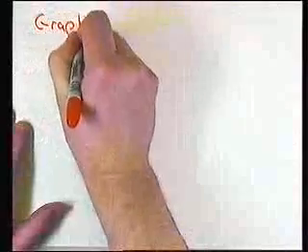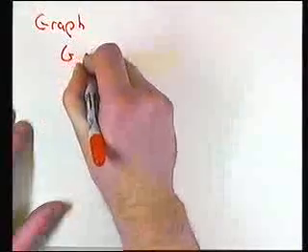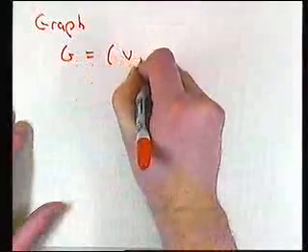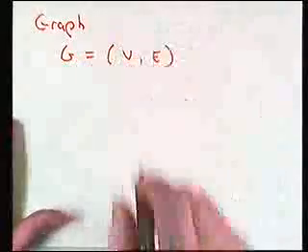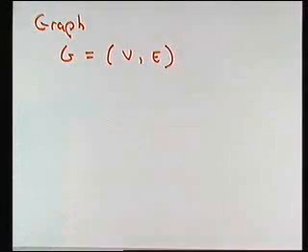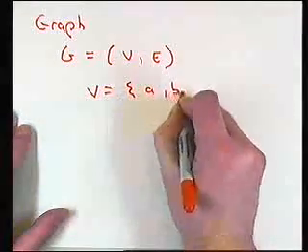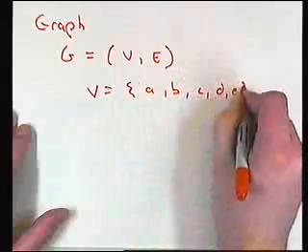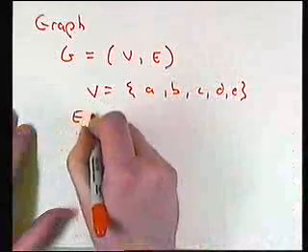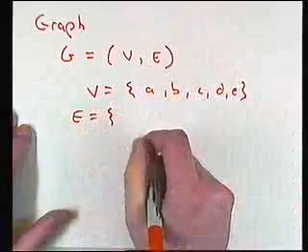So, as you have hopefully seen before, we talk about the idea of a graph. Mathematically, it's simply the notion of two sets, a set of vertices and a set of edges. And so commonly we describe the graph as a set of vertices and a set of edges, where V is some sort of set of vertices, say A, B, C, D, and E, and then your edge set is pairs of vertices.